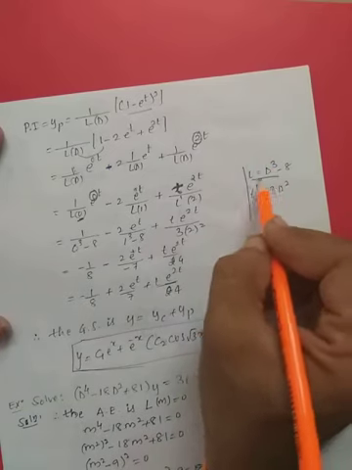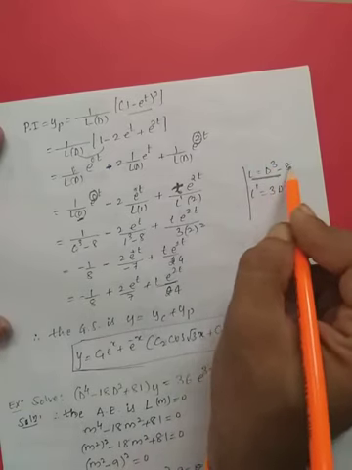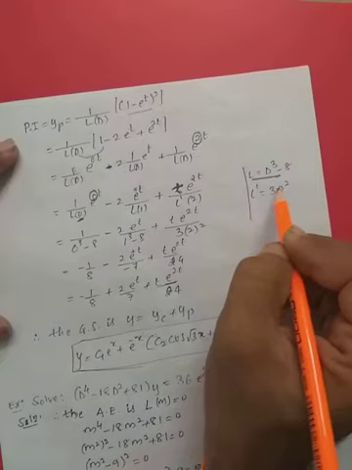Therefore here L is D cube minus 8, so L dash becomes 3D square.